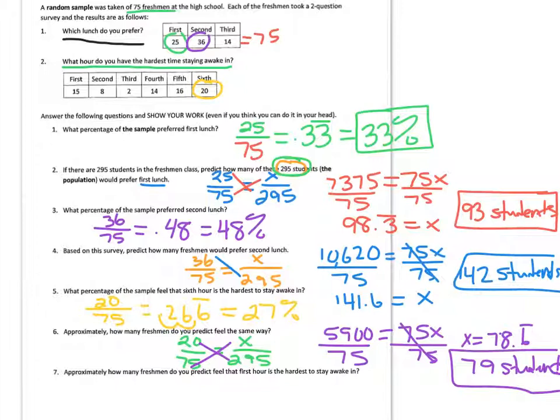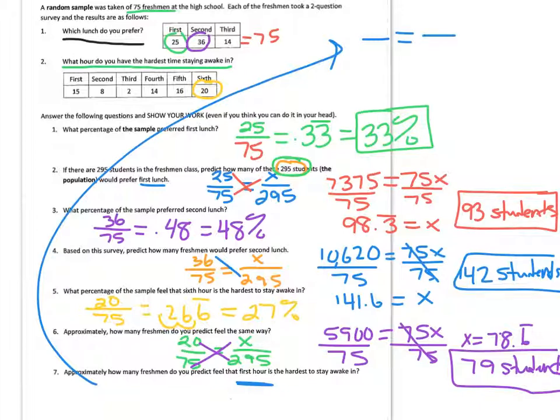Okay, so then the last question asks us to predict how many students feel that first hour is the hardest to stay awake in. I'm running out of space at the bottom here, so I am going to just draw a line, and let's do this up here. So we're looking for how many freshmen feel that first hour is the most difficult. So we're going to make our proportion again, and we have to make our ratio for first hour.